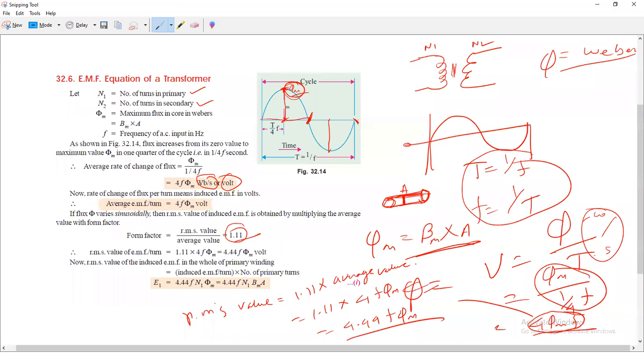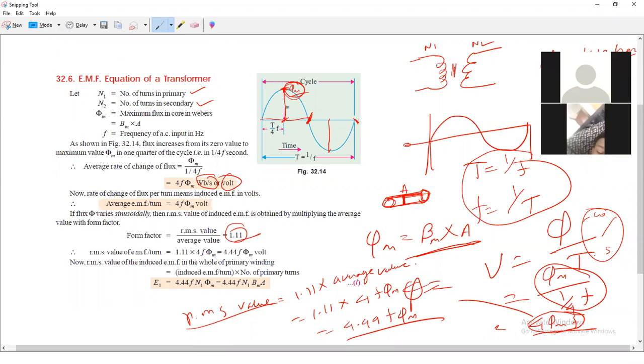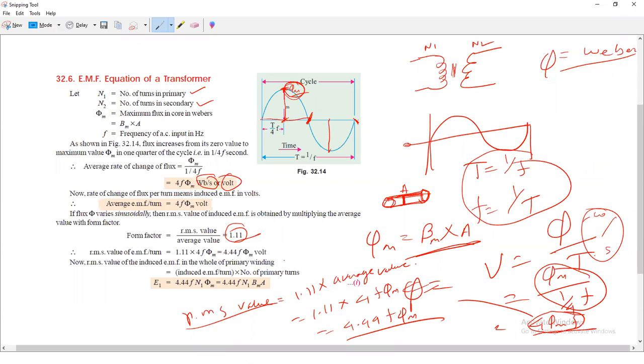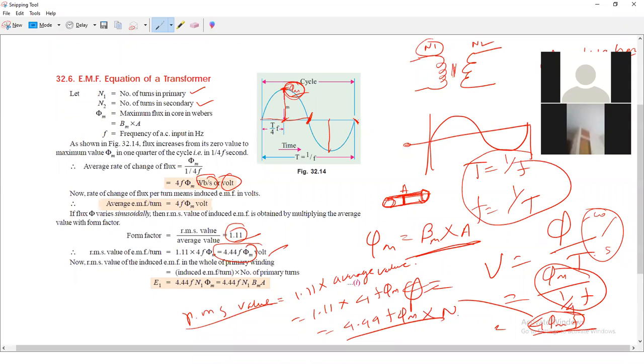All are clear? This is the RMS value. You know that our AC part must need the RMS value. So RMS voltage is 4.44 into 5 F into 5. So this is the one turn. If turn increases, then this voltage is per turn voltage. So if turn increases, this is the turn N1, so this is the primary voltage.